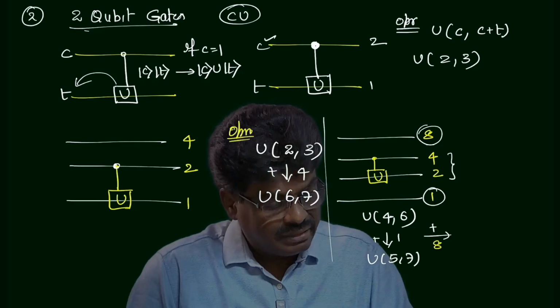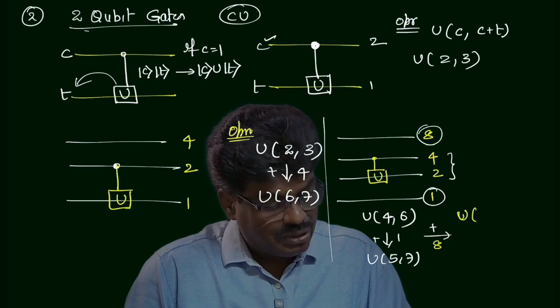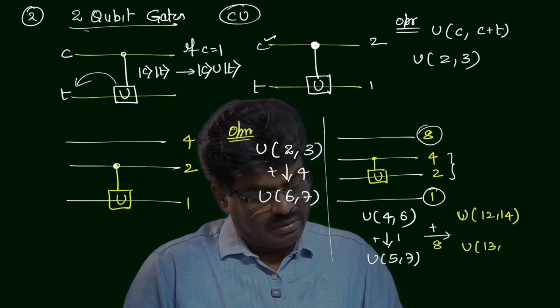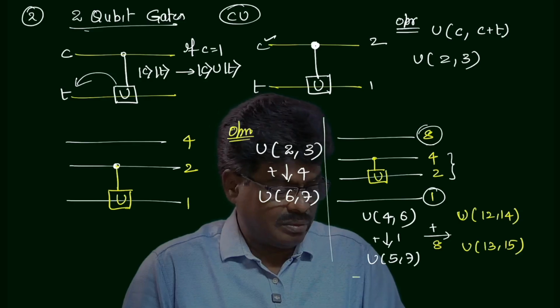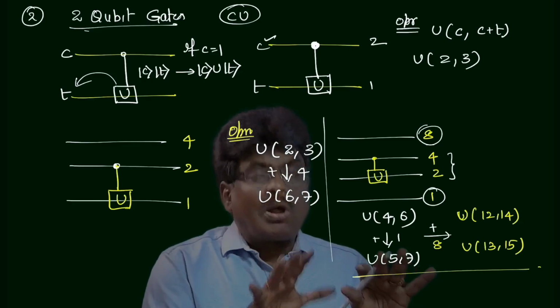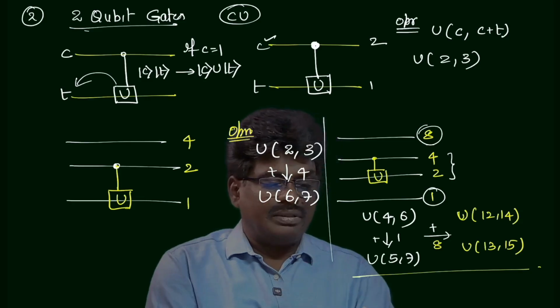That means after adding 8, this becomes U of 12 comma 14, and this is U of 13 comma 15. That's it. So these 4 operations only will happen if this is a single gate.